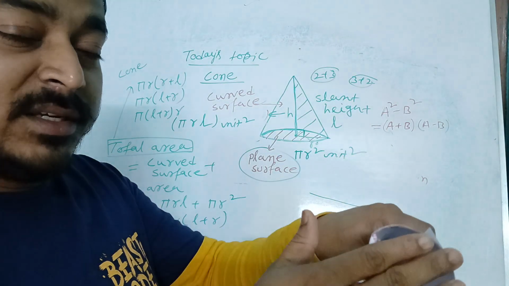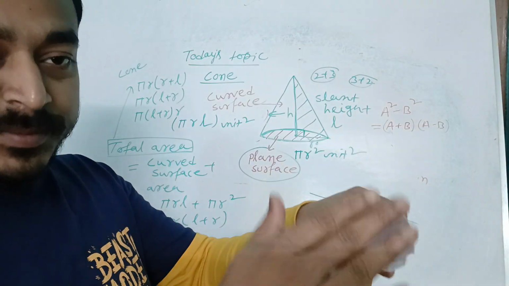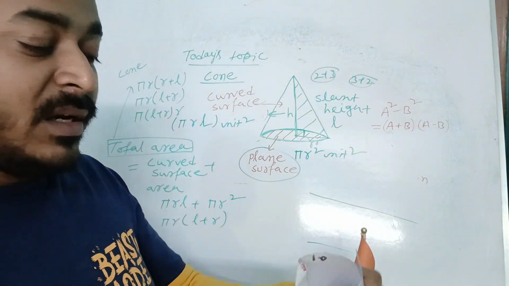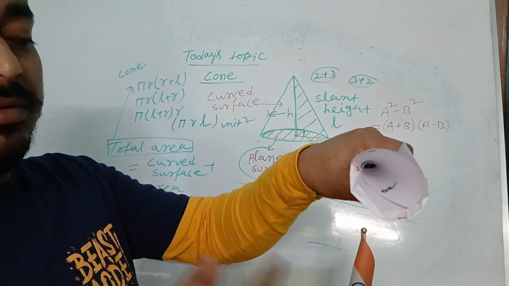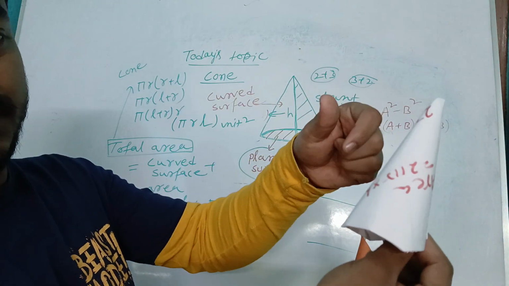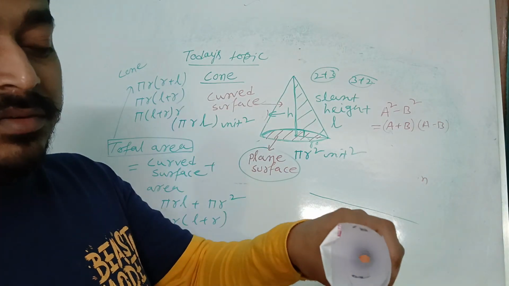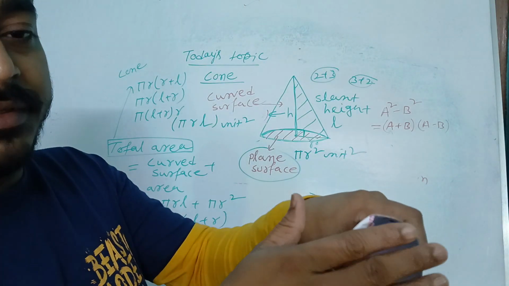It is a plane surface if it is solid. But if it is hollow, this surface is absent. So the total surface area, if it is solid, is this curved surface plus this plane surface area.